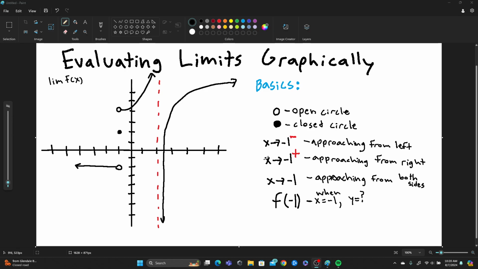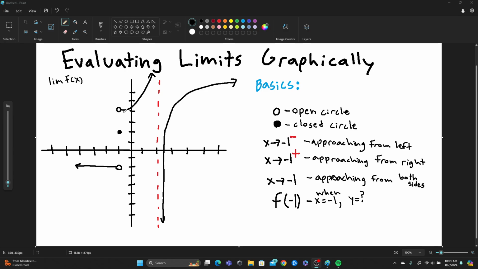Next we have x approaching -1 from the right. As x gets closer and closer to -1 from the right, we would start up here. Technically we'd start here, get closer and closer to -1, and then we'd jump up to here, and then get closer and closer to -1.